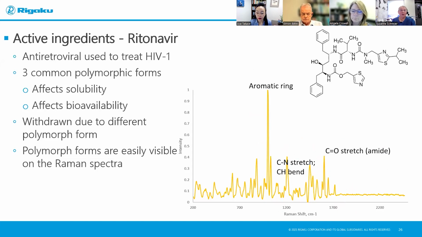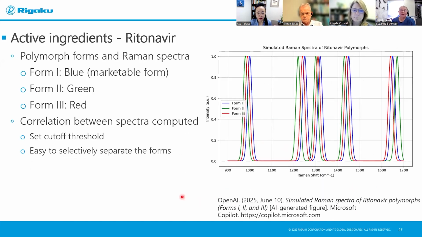And if you compare the polymorph types between the three different polymorphs that are out there, you can see here that they have enough of a difference in this cartoon schematic that I had OpenAI generate for me, that you can see shifts in all the significant peak areas that will be able to differentiate the different types. So form B, form number 1, is the marketed form.